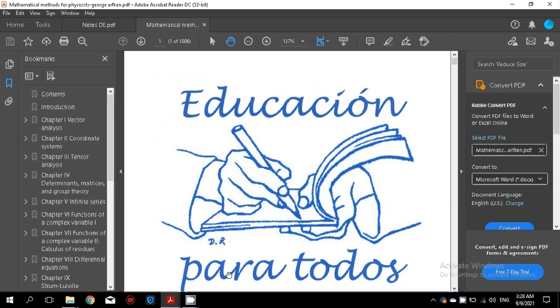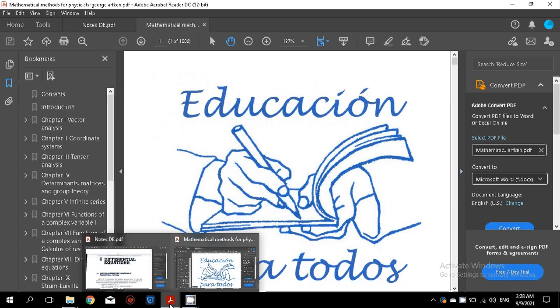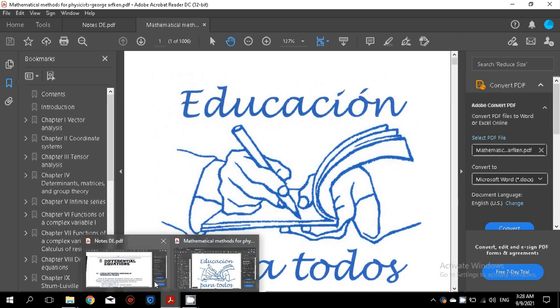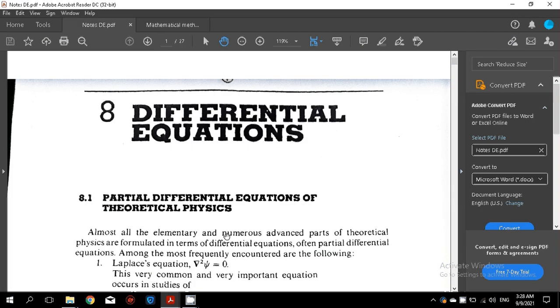let us now start chapter number 8. I will focus on my notes, which I have selected from the same book I have just mentioned, and this is the page from this book on chapter 8, and the topic is differential equations.